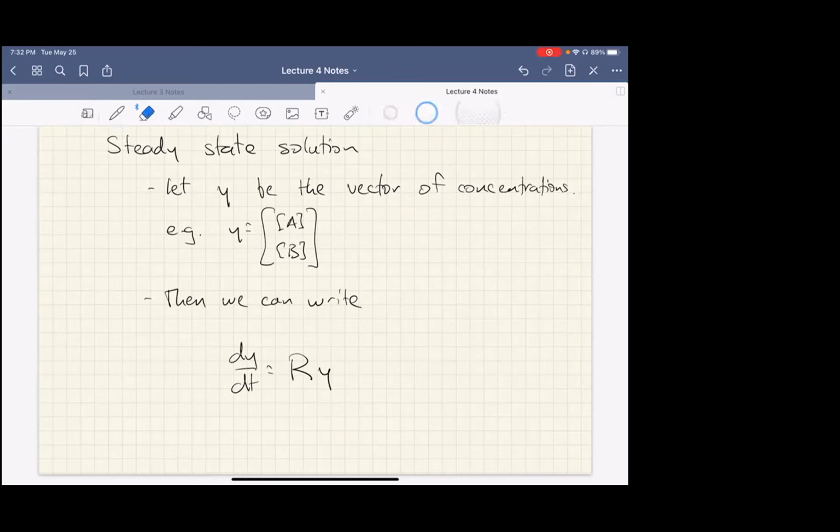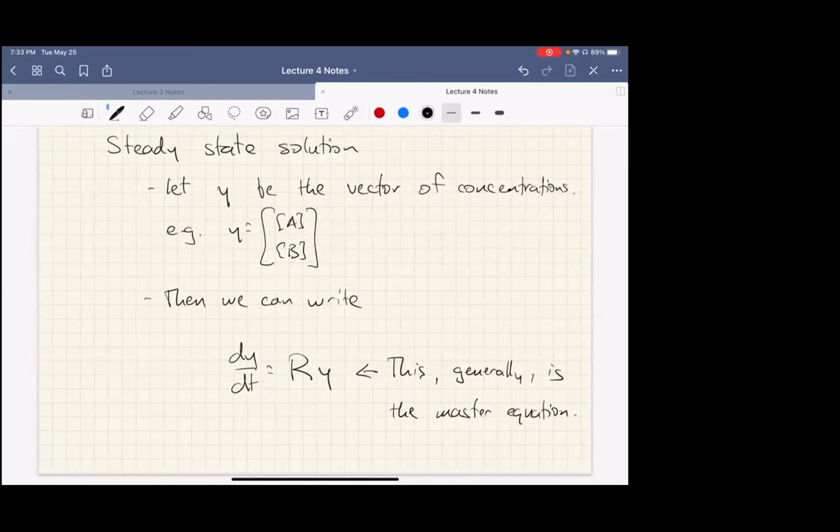So this generally is the master equation. And when we start talking about signal transduction, we're going to see a lot of examples of these and how to discretize them and to deal with them in discrete time as Markov chains. But for now, what I want to do is think about the steady state solution.